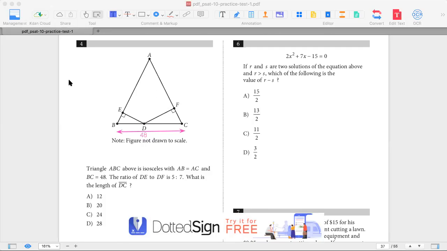I will try to write it here. BED is similar to CFD.